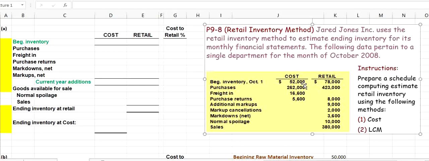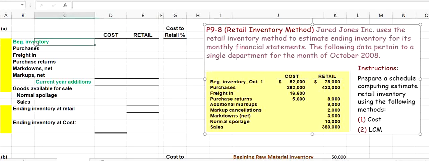We plan to sell it for $78,000. So the retail value of this inventory is $78,000, whereas the cost value is $52,000. In simple words, we purchased it for $52,000 and we will sell it for $78,000, so the difference will be the gross profit.